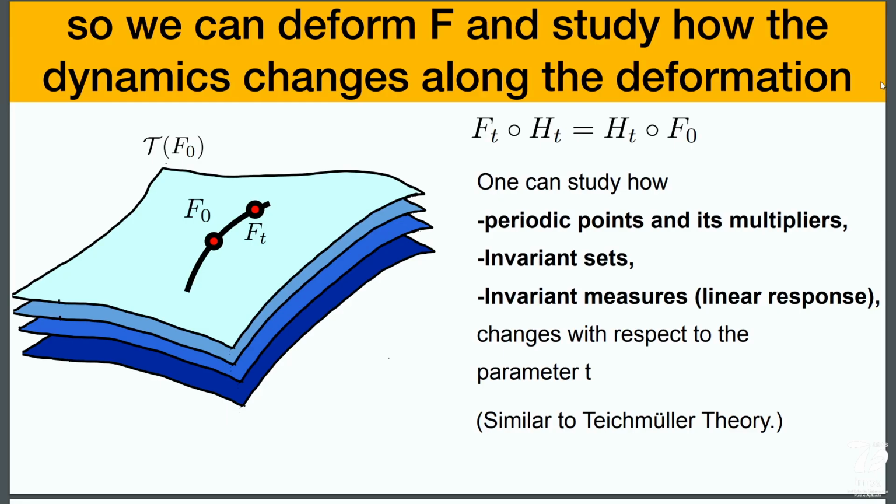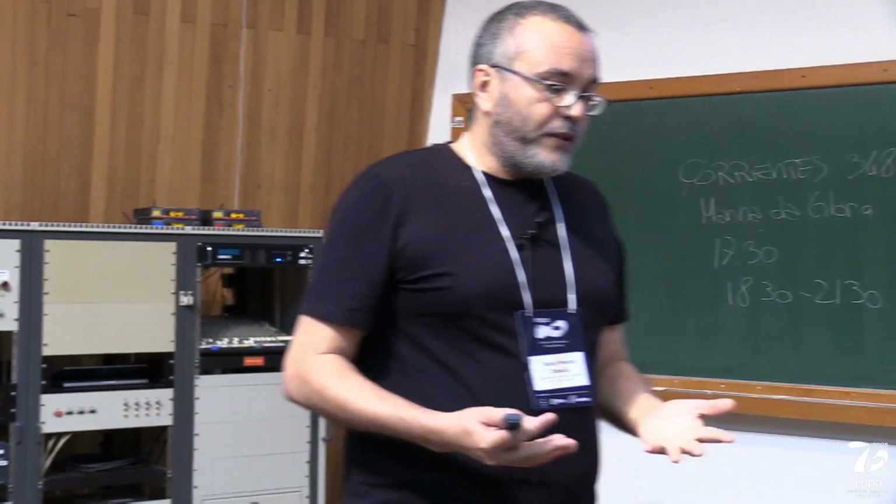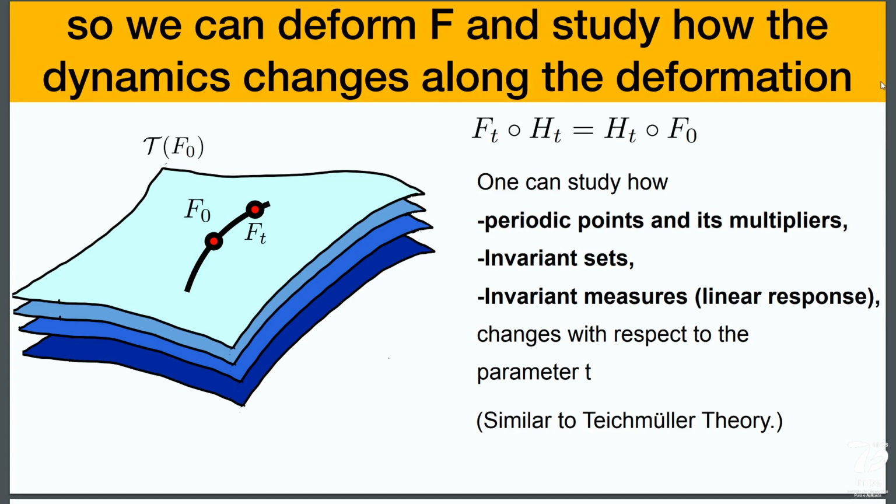For instance, this is like infinite dimensional Teichmüller theory. You have many ways to represent this topological dynamics in a geometrical way, and you can ask how the geometric features of these dynamical systems move when you deform the system inside this topological class.